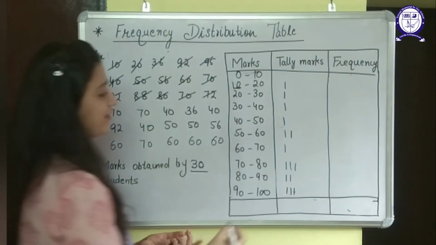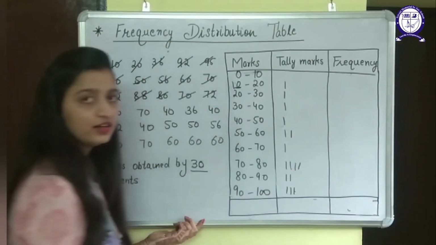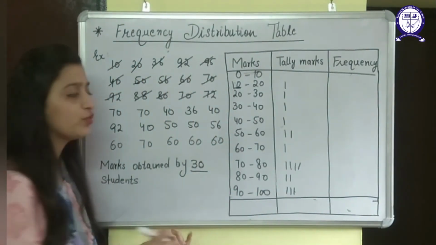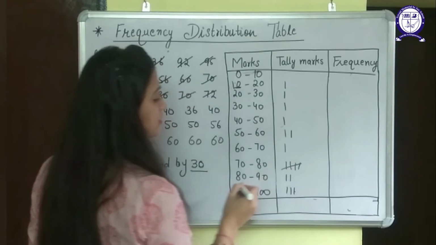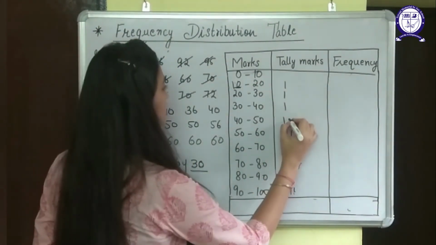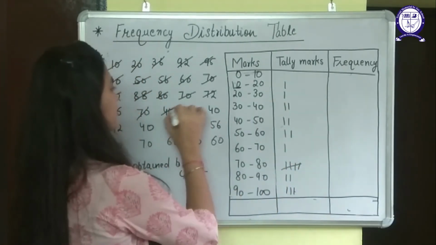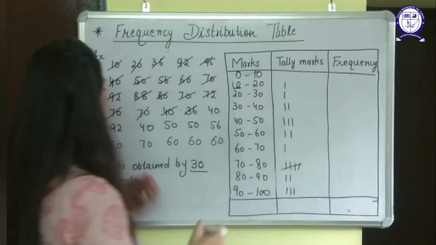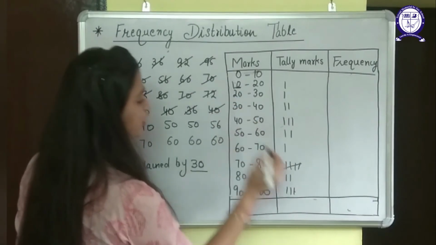Then 70 and 70. Now 170 here, and I have told you the fifth one will be like this. So my 270s are cancelled. 40 will be here. Then 36, 40, 92. 92 is again here.